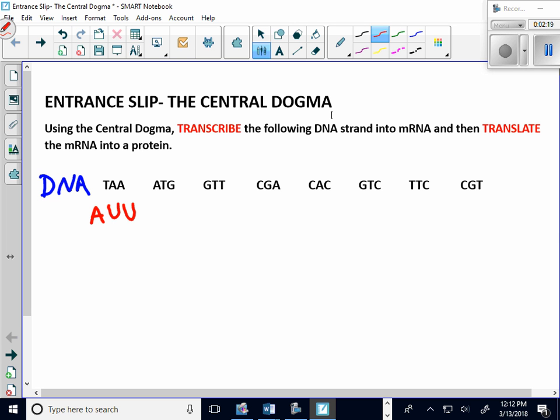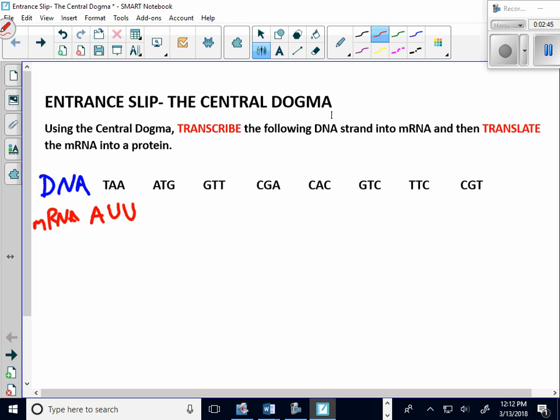Now, what am I constructing here? A specific one, messenger RNA. mRNA is what I am constructing here. That is mRNA. That's important, okay? Because I'm going to show you a little bit later why it's so important.